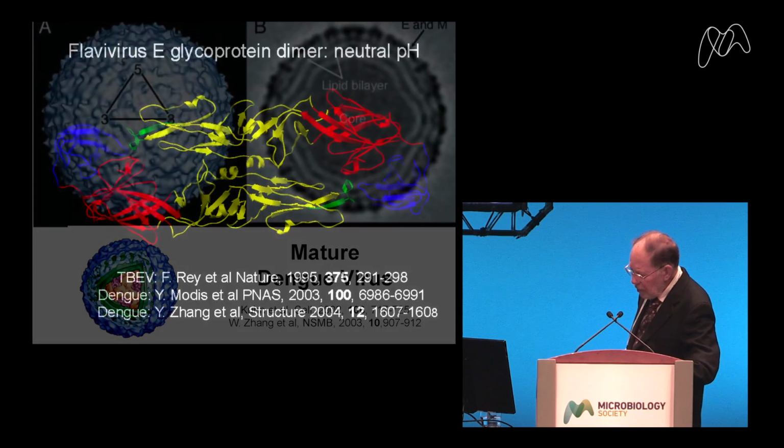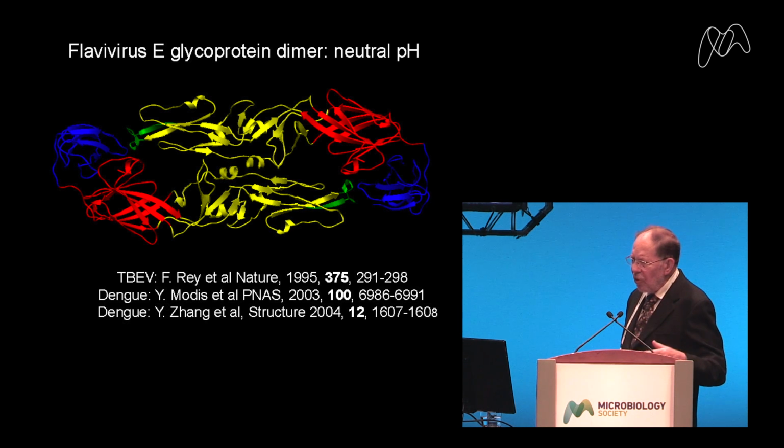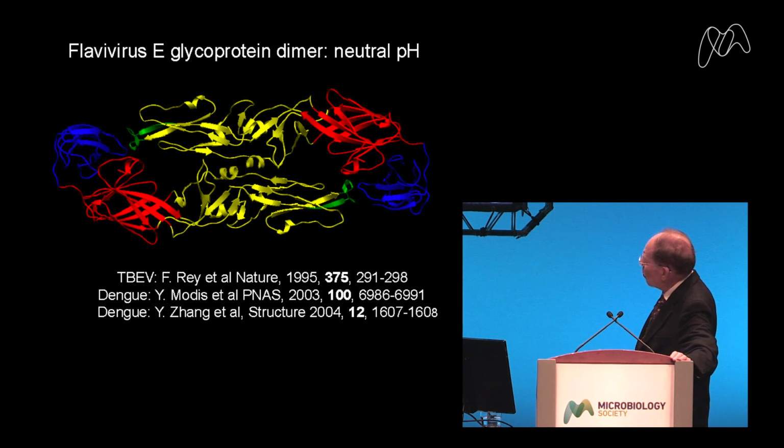At that time, Felix Rey, working in Steve Harrison's lab, was able to crystallize the glycoproteins. Now, Franz Heinz in Vienna had shown that with trypsin treatment of tick-borne encephalitis virus, which is a flavivirus, you could remove the glycoprotein, and this is what Felix Rey did, and was then able to crystallize it.